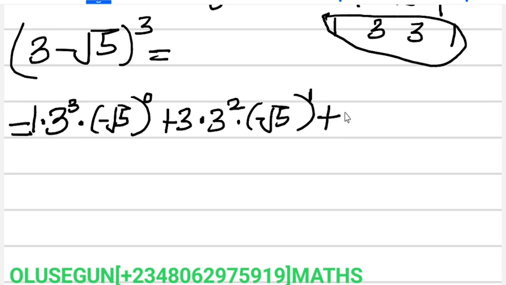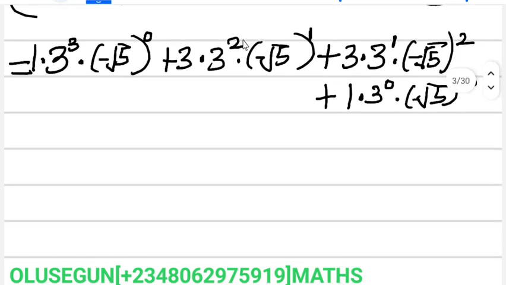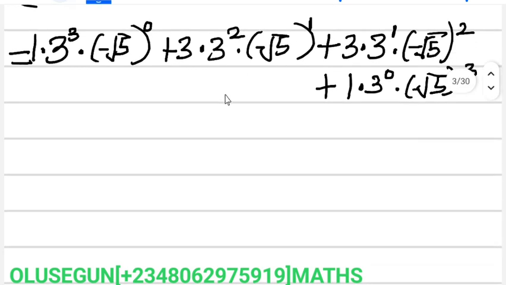Now plus another 3 dot 3 raised to power 1, because this one reduced to 1, dot minus root 5 squared. Now plus, we only have one coefficient, 1 dot 3 raised to power 0 dot minus root 5 all raised to power 3. This is how we expand in binomial expansion. This is a step-by-step explanation of binomial expansion.